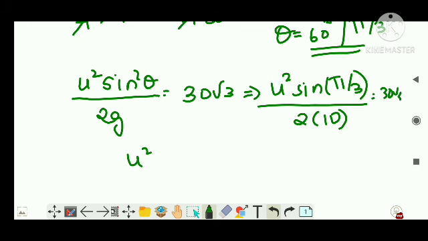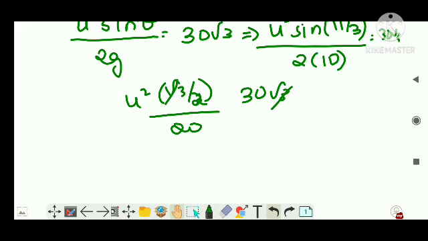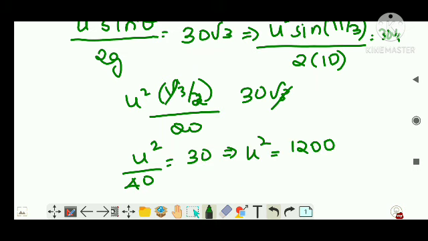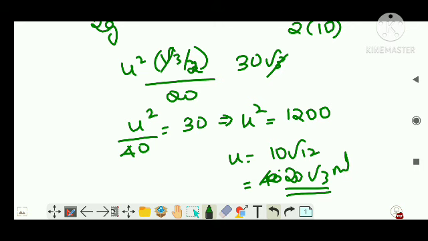Sine 60 degree is root 3 by 2, so it is u squared into root 3 by 2, divided by 20, equal to 30 root 3. So I can cancel this root 3. It becomes u squared by 40 is equal to 30, or u squared is equal to 1200, or u is equal to 10 root 12. Or I can write it as 10 into 2 root 3, so it becomes 20 root 3. That is your initial velocity.